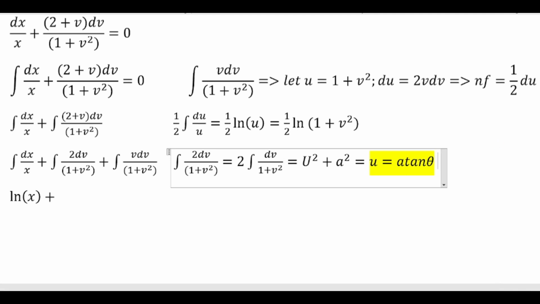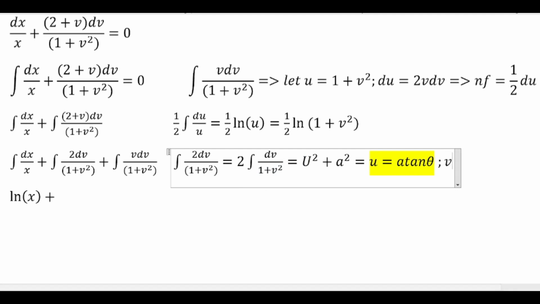So we need to find the value of u and a. Our u is simply v, because it's raised by 2, and this one can also be raised by 2 since 1 squared is still equal to 1. So our value of u once again is v. That's why it's v over here.